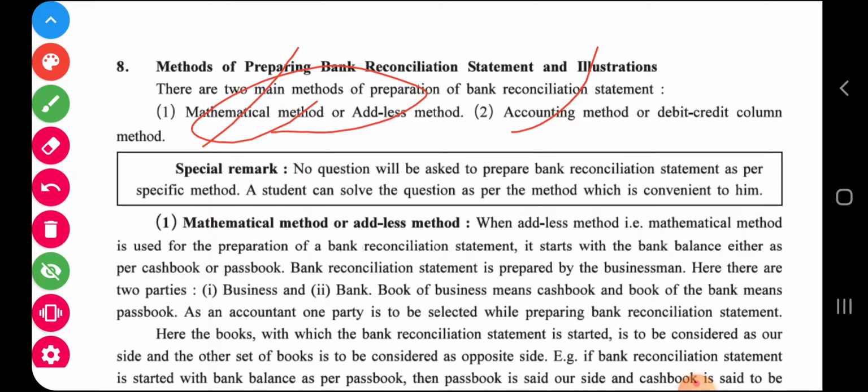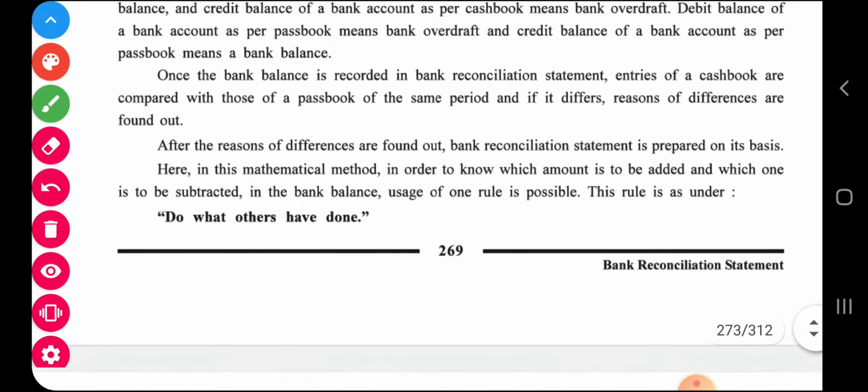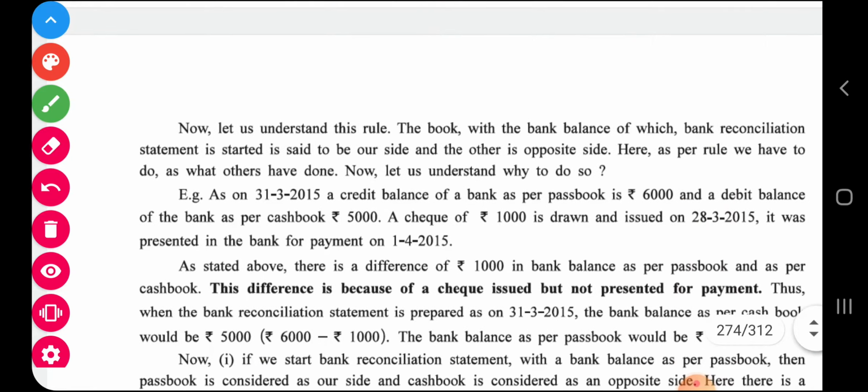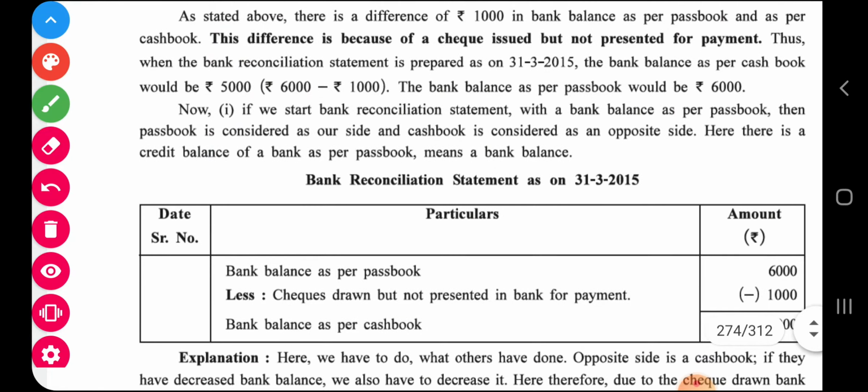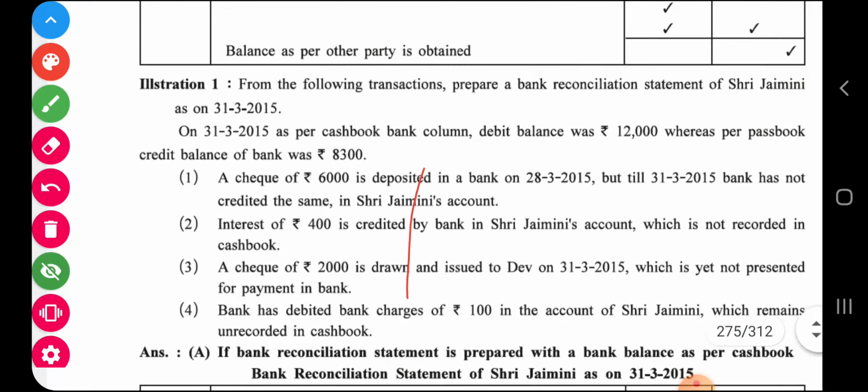As for the mathematical method, you don't even need to refer to it. That means all the explanation of this point number 1, then the table from page 269, and then this example number 1, which is given to you, is solved by the mathematical method.